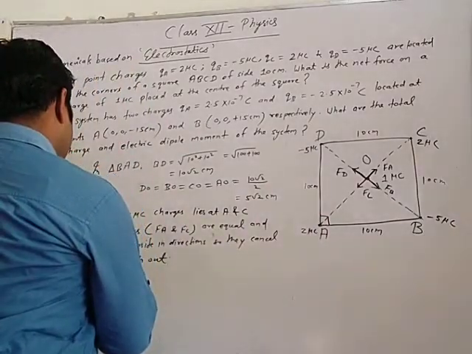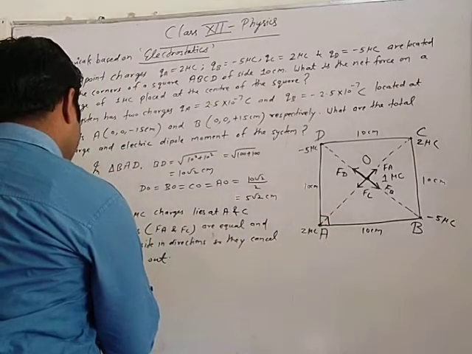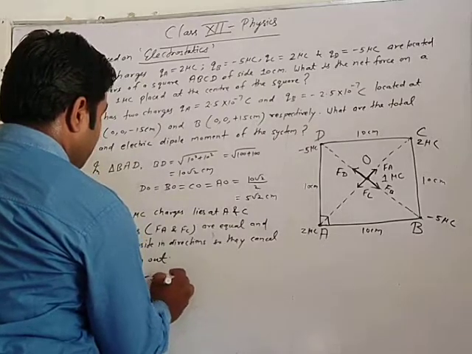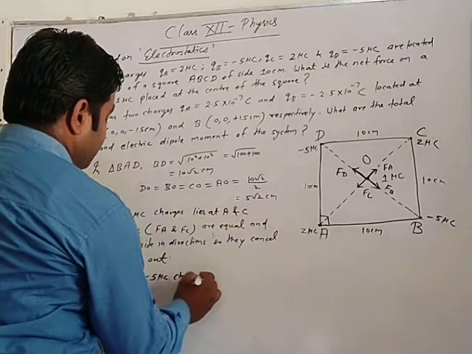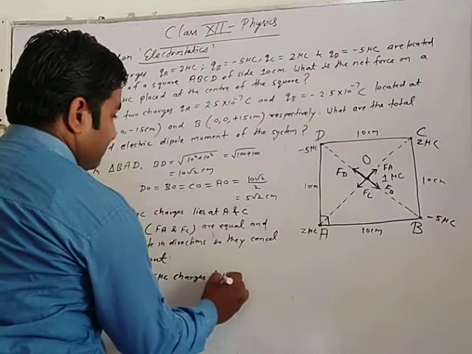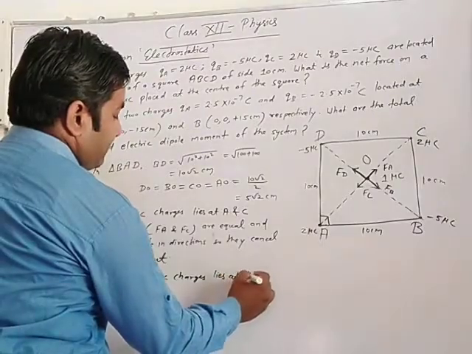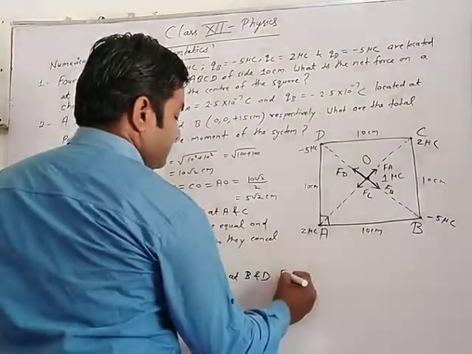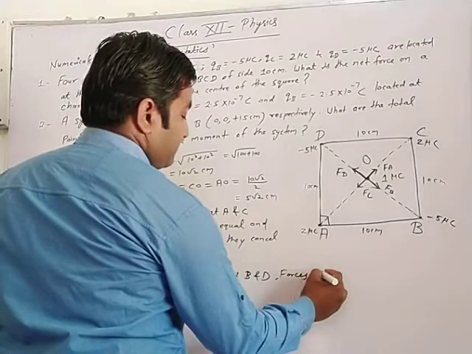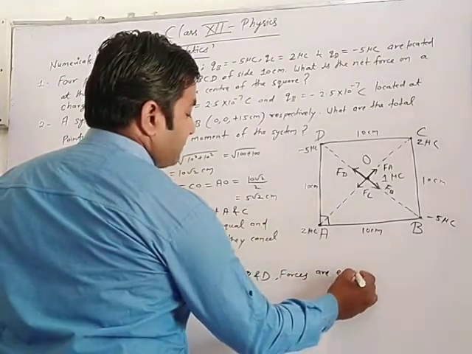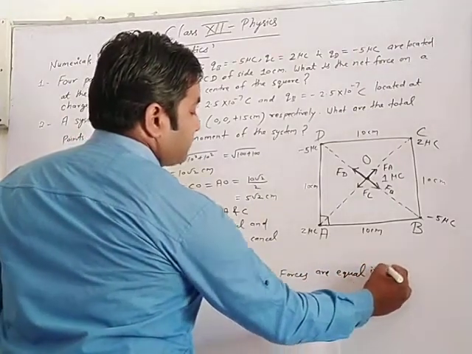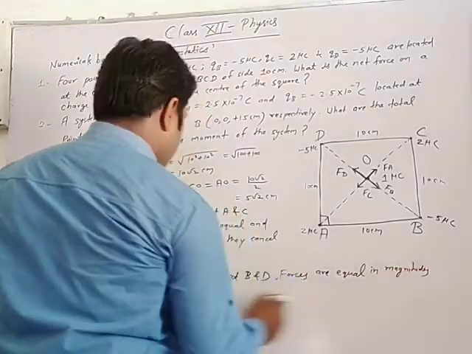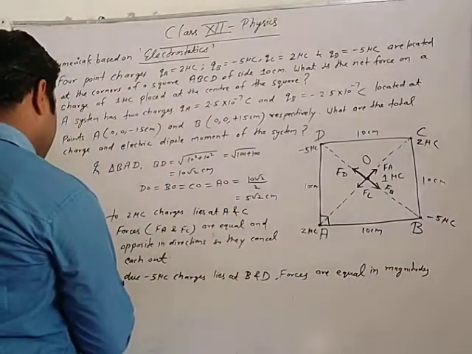Similarly, due to the minus 5 microcoulomb charges at B and D, the forces are equal in magnitude but opposite in direction.